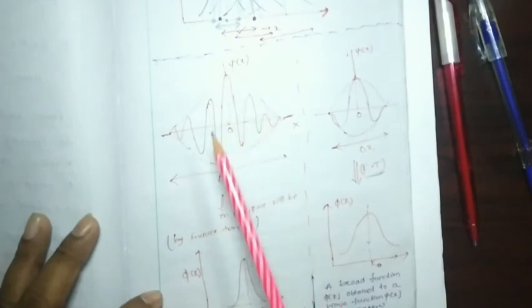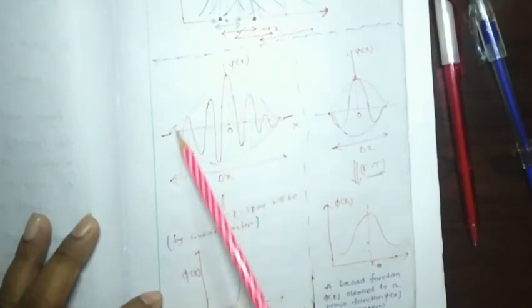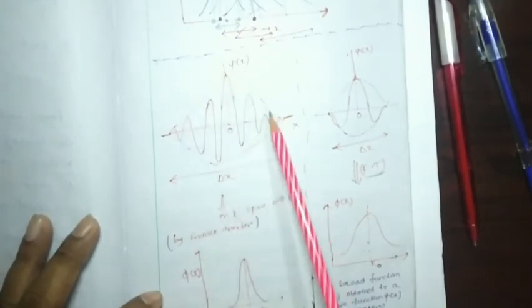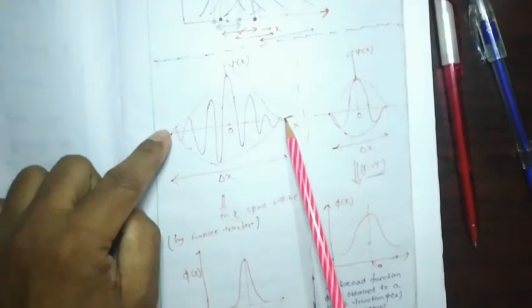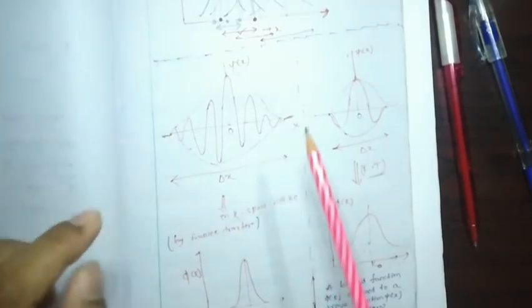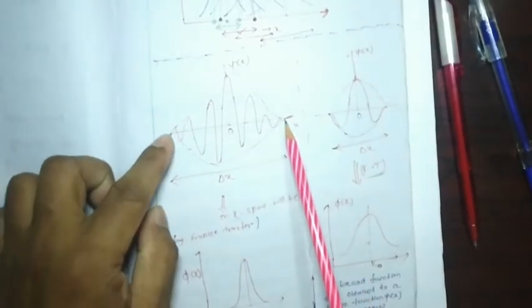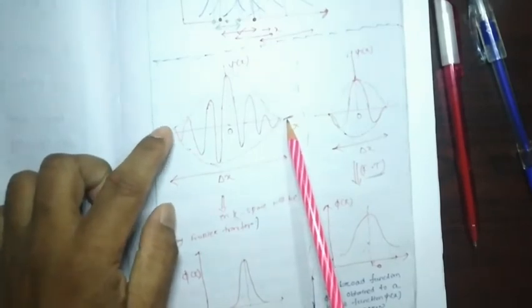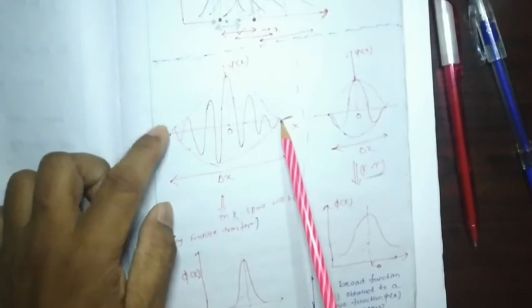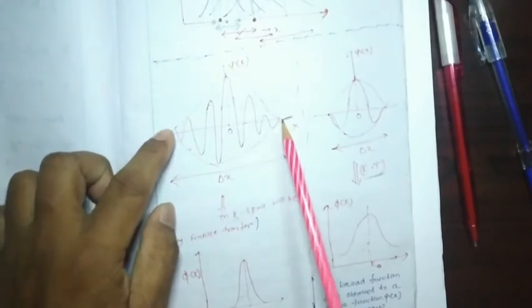This is your psi x, the so-called wave packet. This much is the spatial spread. Spatial length, coordinate length and geometrical length all have the same meaning.